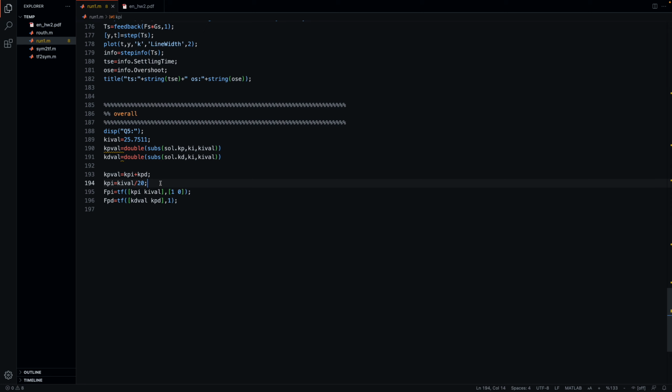So therefore, I'm going to do this and use this relation in order to compensate the KPD gain so that the sum of KPI and KPD will be equal to KP-val. So therefore, I need to calculate KPD.